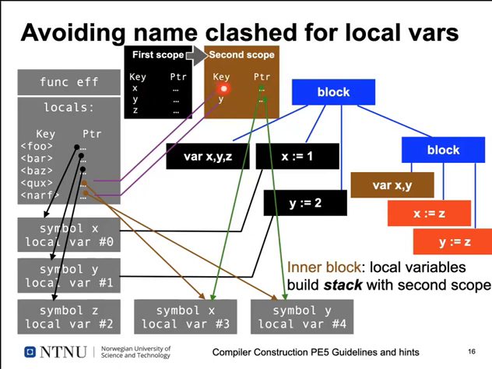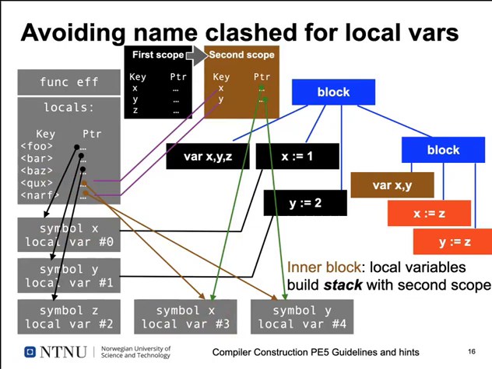And here we can have separate x and y's, which then link back to new entries in our locals table here for our complete function. And again, what we can do is now we can link them back to our separate symbols here. So they have the same name, x, that's the outer x. This is the inner x, but they have different numbers here. So they are linked to different places in our locals table.